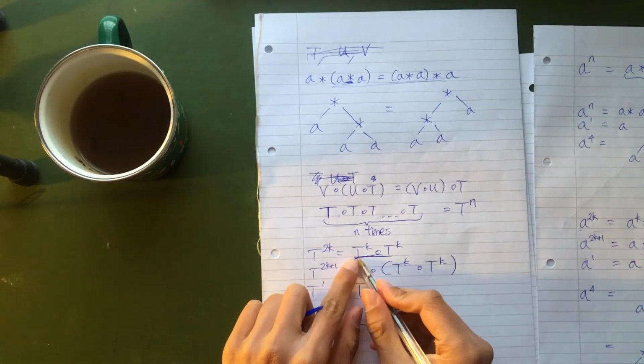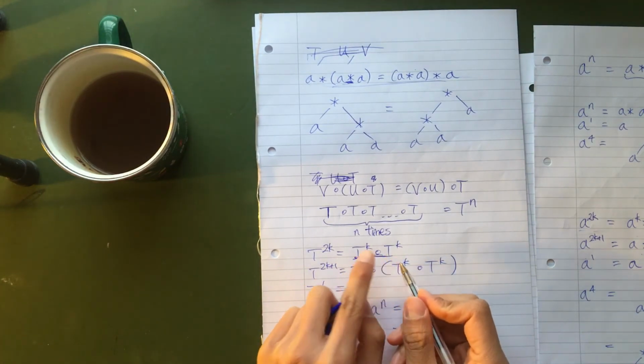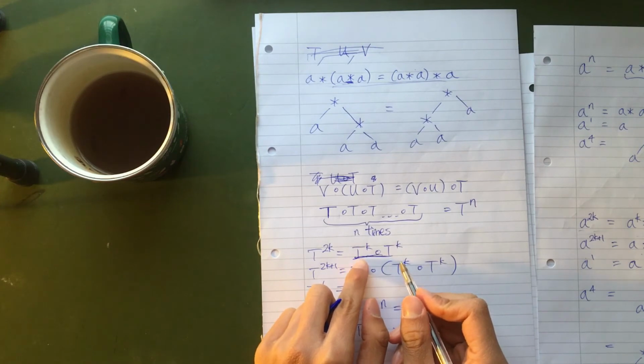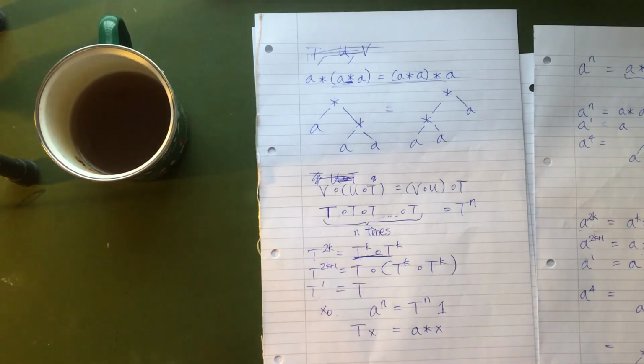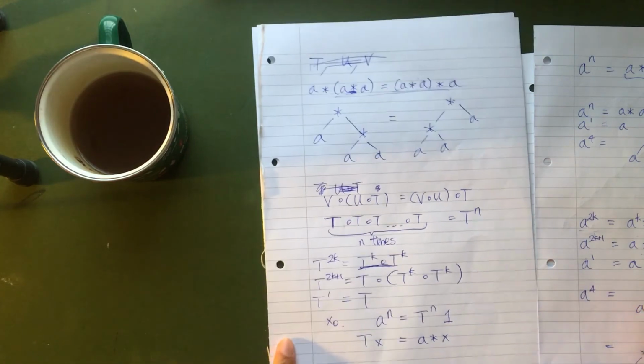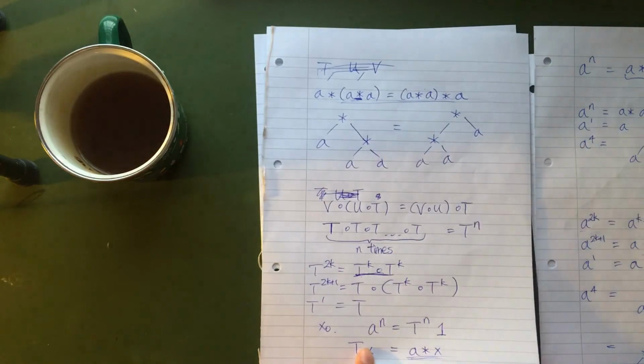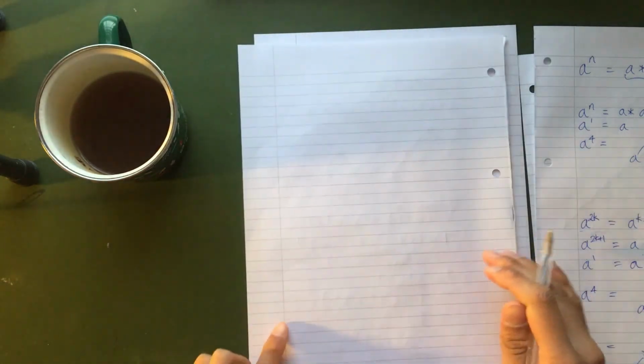So we don't want t to the k composed with t to the k to be twice as expensive as applying t to the k. We want it so that when we compose, we don't make the function any more complicated. And for the case of exponentiation, that's true, but that's not true in general.